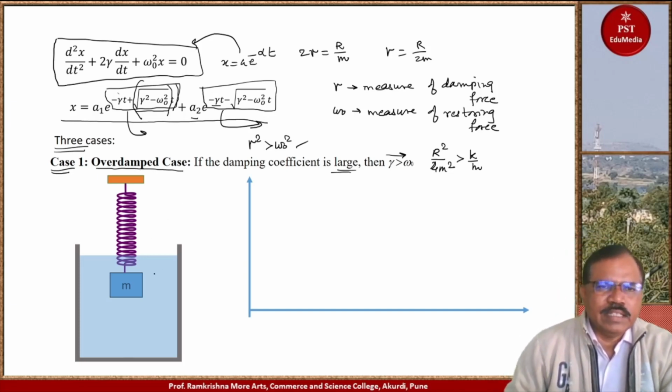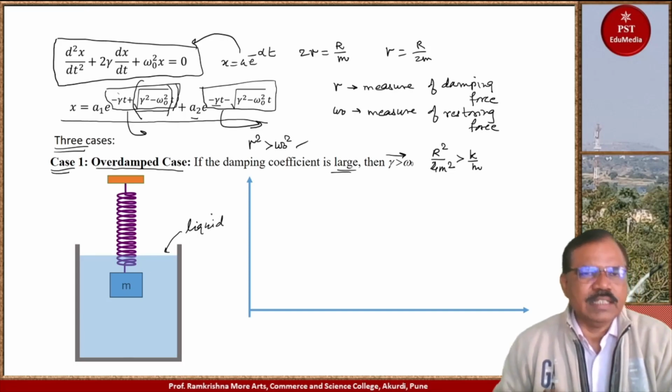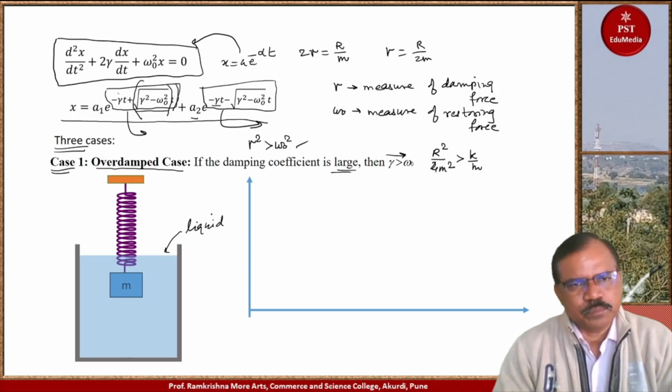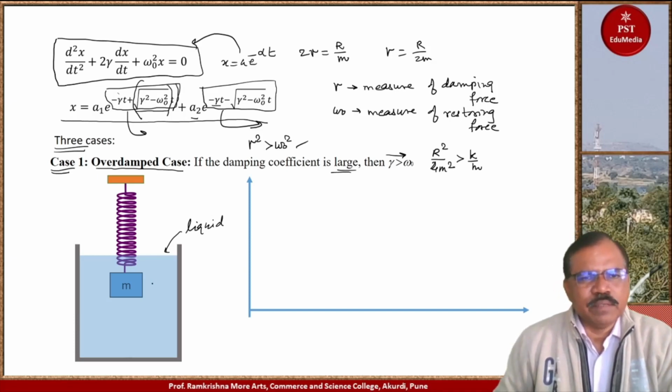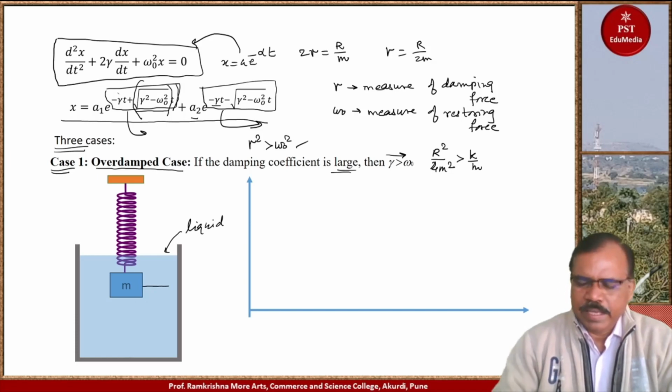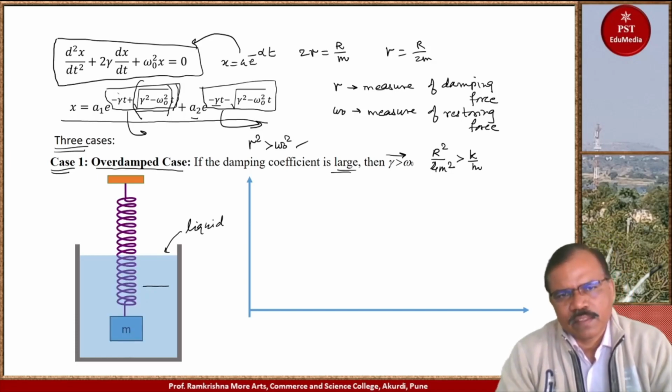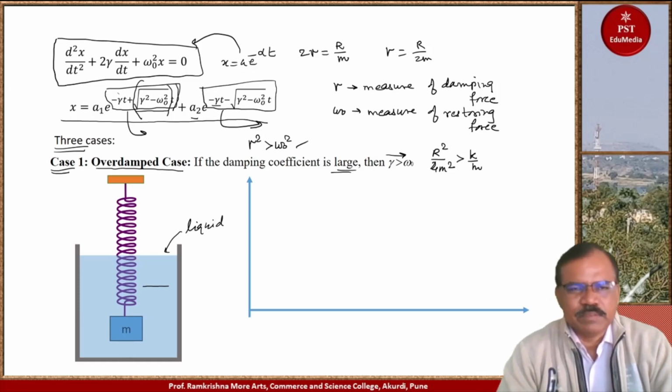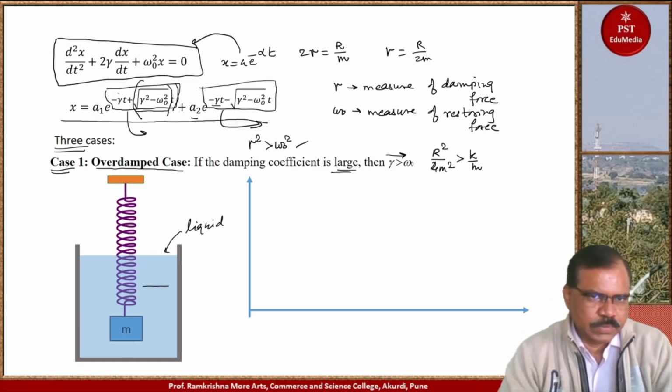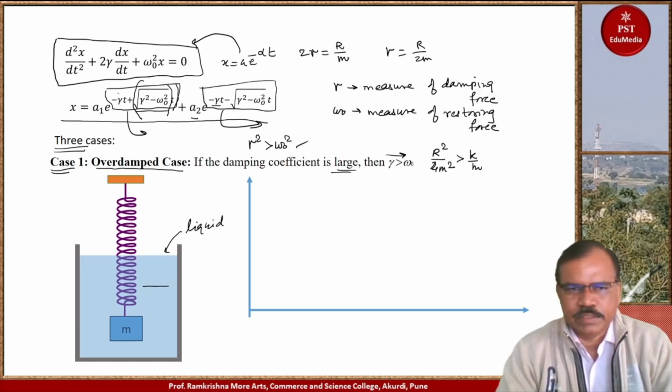I have taken a spring mass system as an example. It is immersed in a viscous liquid, and this is the equilibrium position. Now if we extend this in the viscous medium, the medium opposes the motion.